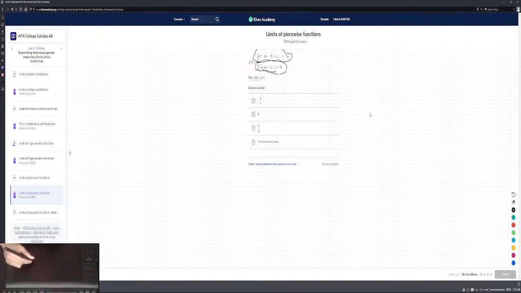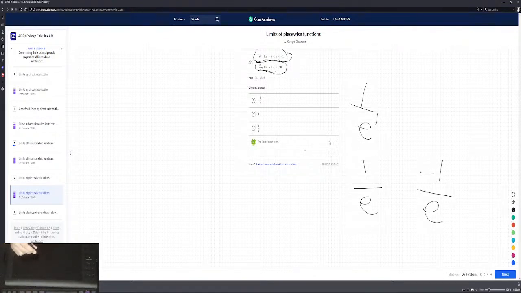So it would end up being 1 over E. And so it would be 1 over E, and the other constraint would also be -1 over E. So it does not exist. Okay.